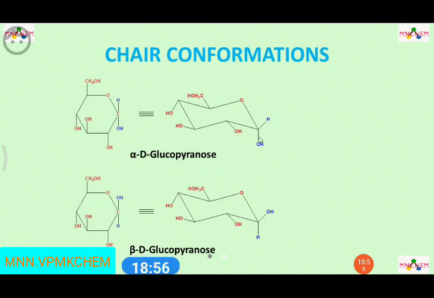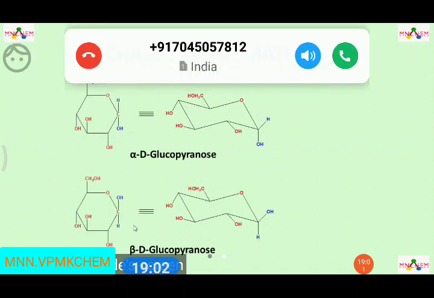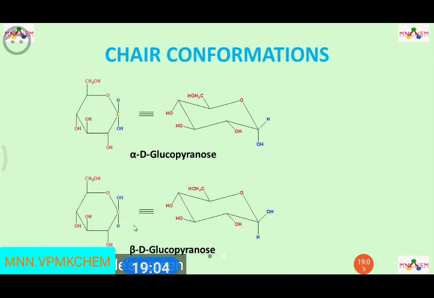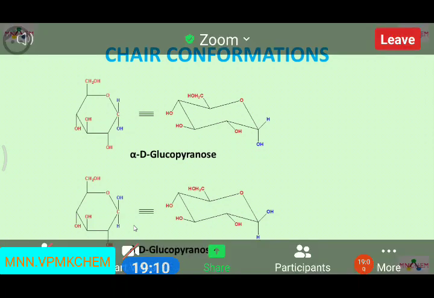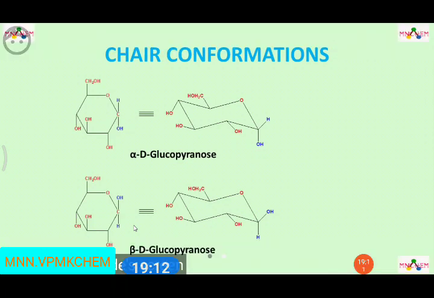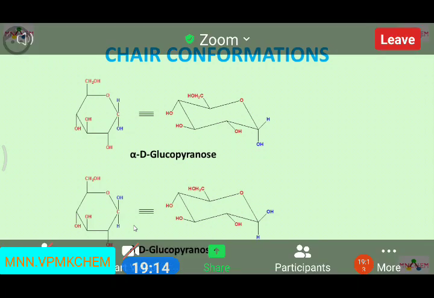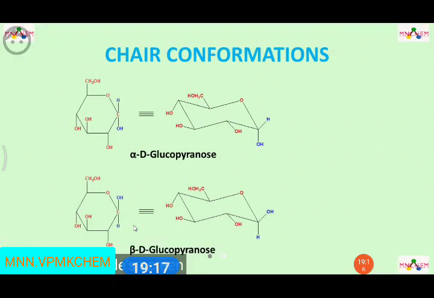Similarly, for the other hydroxy and CH2OH groups. For the beta anomer, the hydroxy group which is above the plane of this cyclized oxide ring is likewise written above in the six-membered chair conformation.